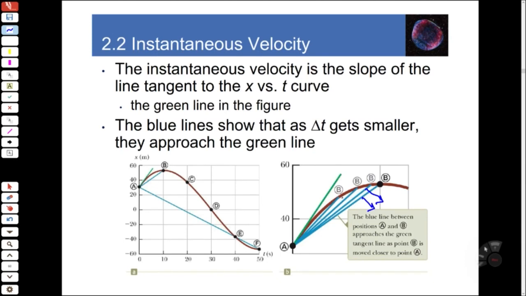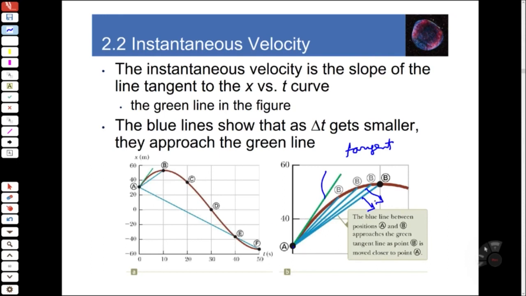If this B point almost approaches A, then what is the slope? Then the slope is the slope of this tangent line. Okay, so instantaneous velocity at A is defined as the slope of this curve, I mean the slope of the tangent of this curve.